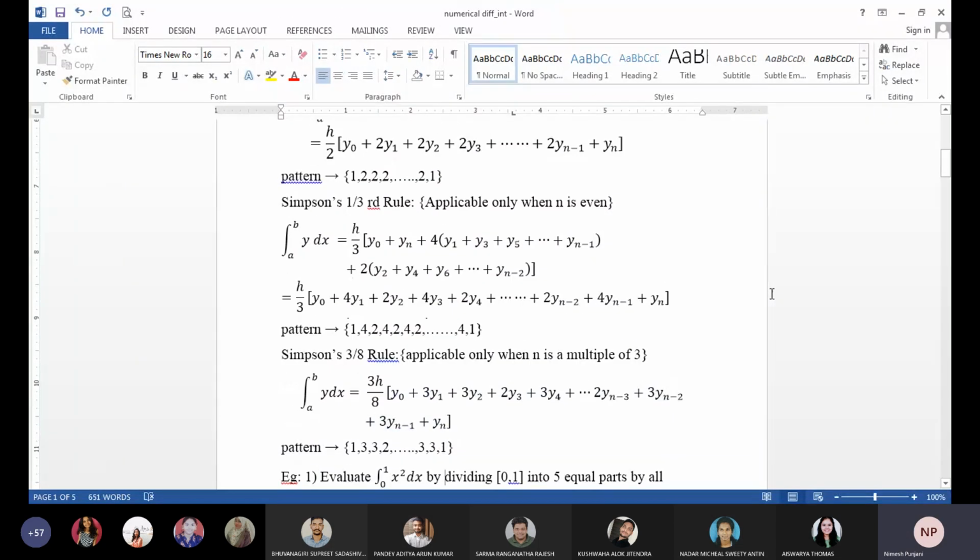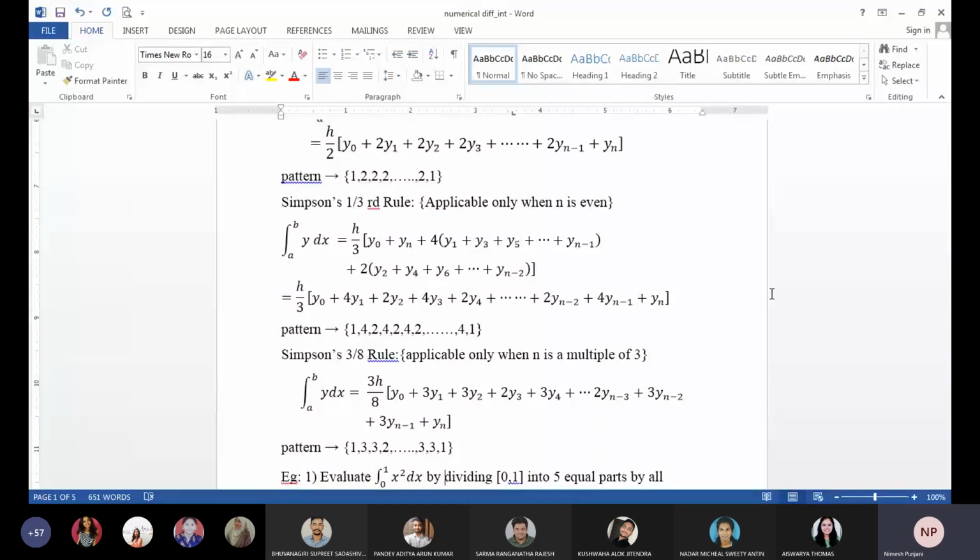The third formula is your Simpson's 3/8. Simpson's 3/8 is applicable to those sums where your n is a multiple of 3. What is your n? N means the number of parts in which your interval is divided.